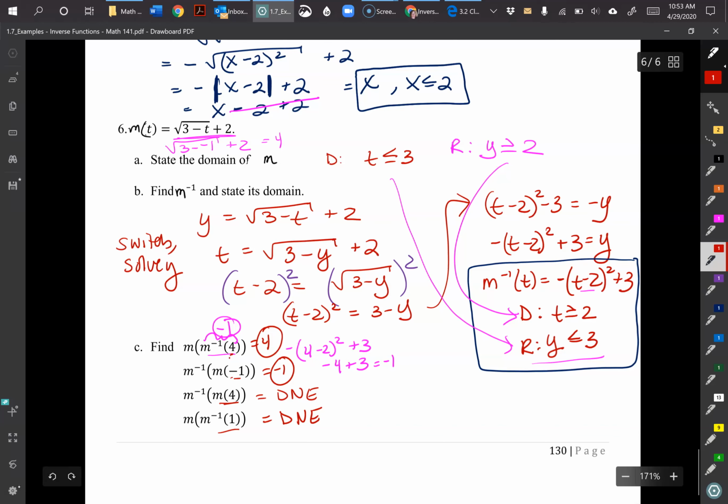The second one, remember, I have to look at the domain of the inner function. It fits the bill, so it's okay. But on these, if I can't start right, it's not going to work. It's not in the domain. I have to write does not exist.